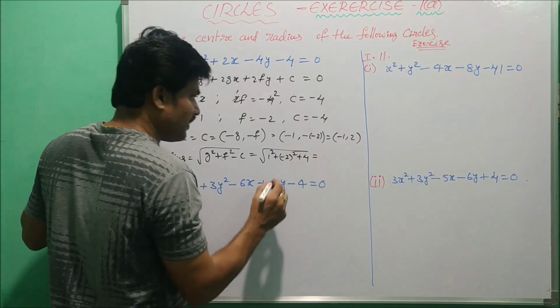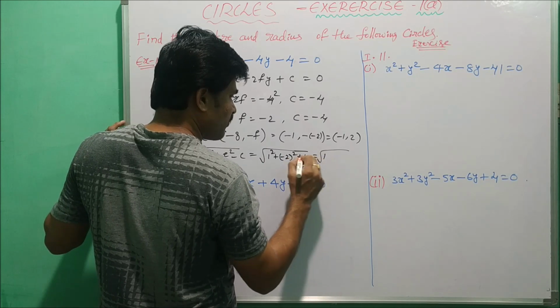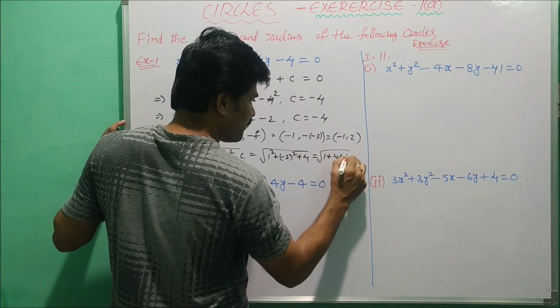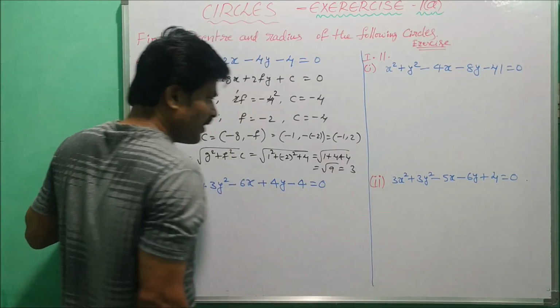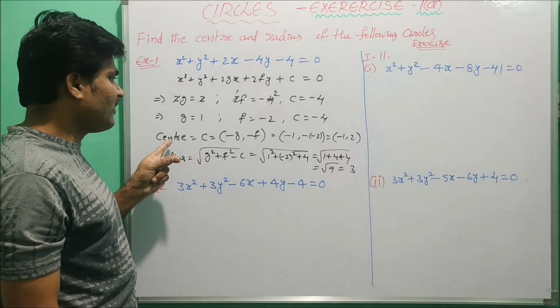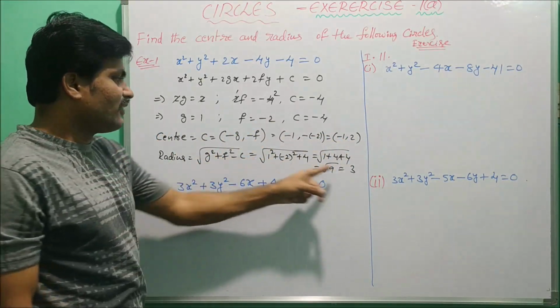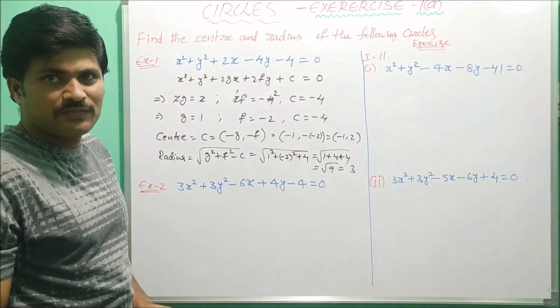Now we can simplify: in this square root, 1 square means 1, minus 2 square means plus 4, plus 4. So here the value is root 9. Now square root 9 means 3. So radius means 3. Here center is minus 1, 2 and radius is 3. These are the center and radius of the given circle.